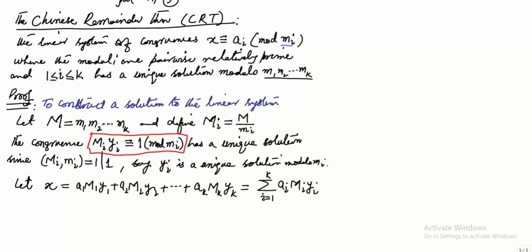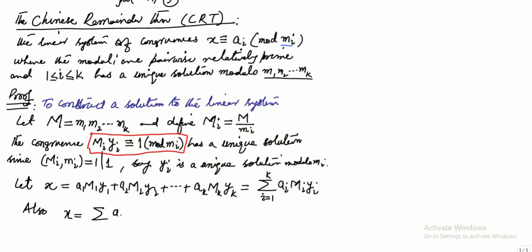Now take out any product from this. It means x can also be written as, for example, removing the jth term from this sum.